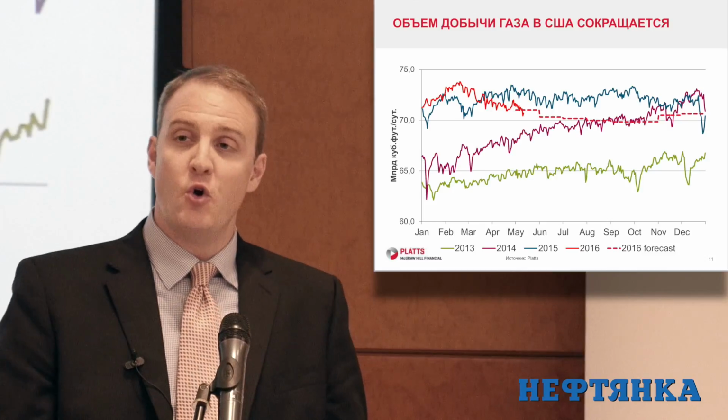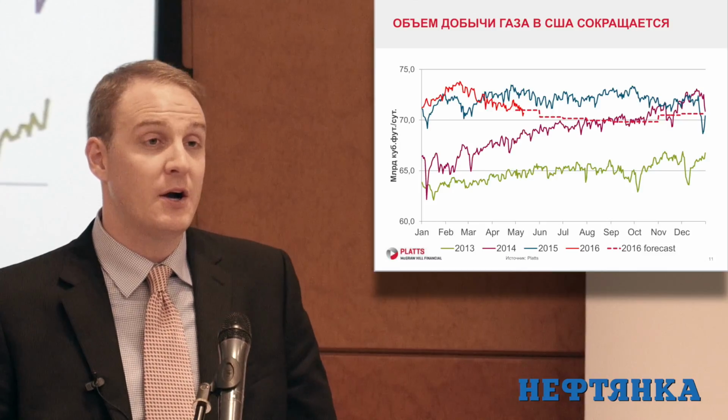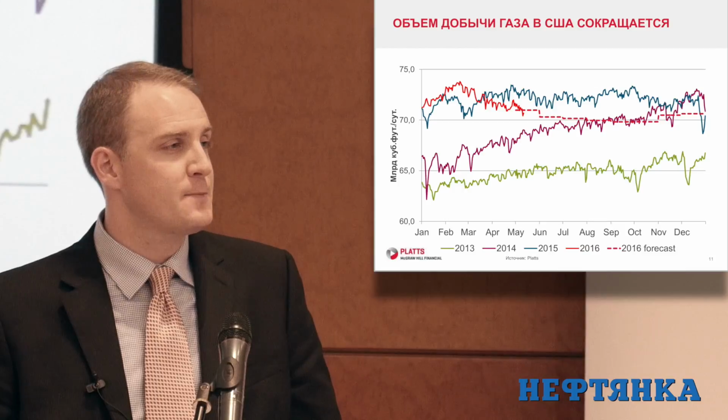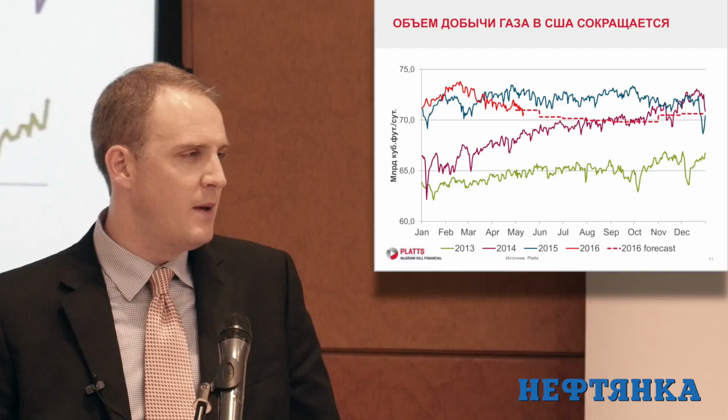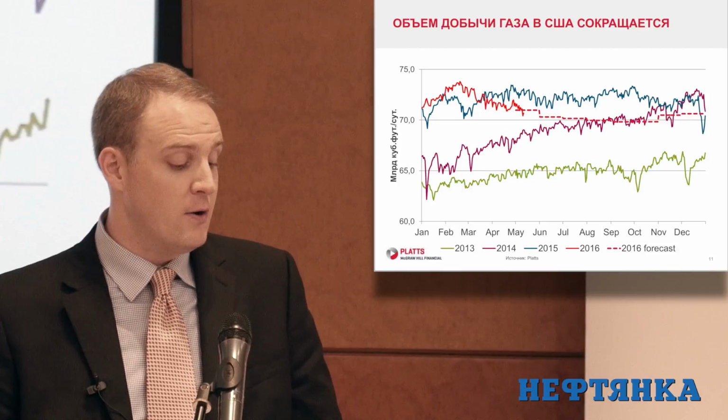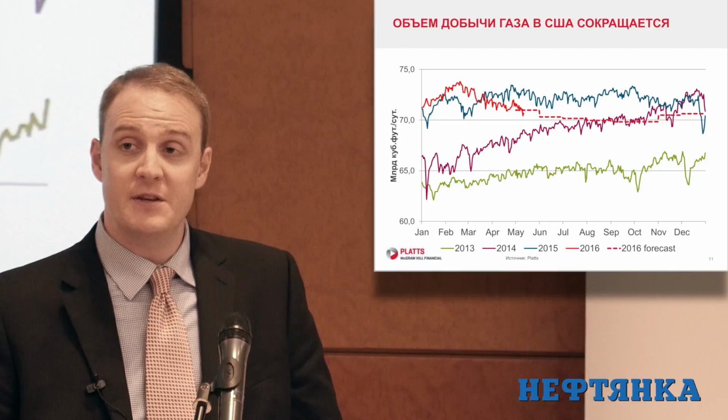And then importantly, we have begun to see a correction in natural gas production over the last several months. So a downward trend of about maybe 2 BCF a day over the spring quarter this year.